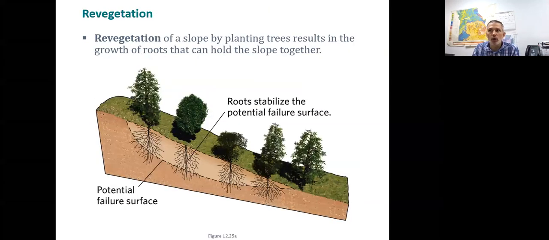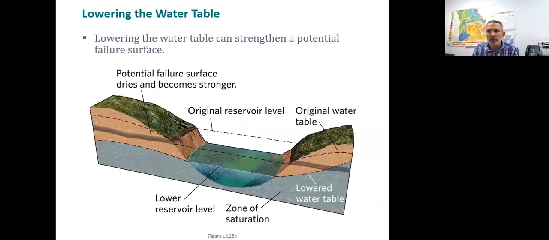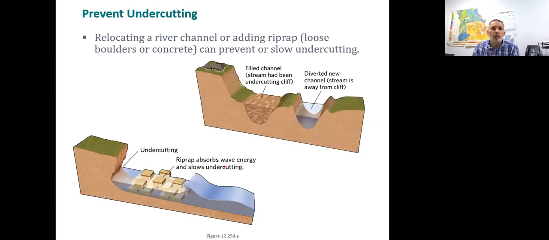Reducing the subsurface water, putting in drains, and if you were able to somehow get rid of that water, in this case, they're lowering the water table. They're pumping out that water out of this region, and as a result, decreasing the driving forces in this case.